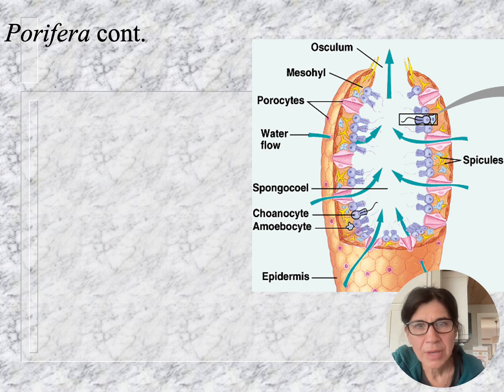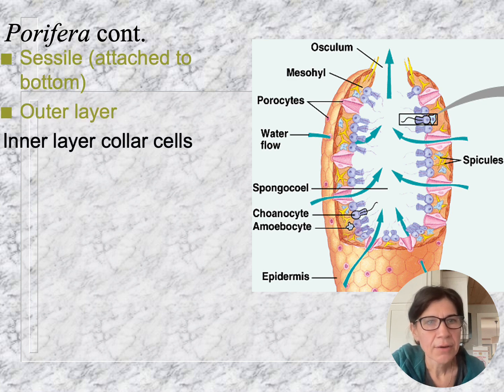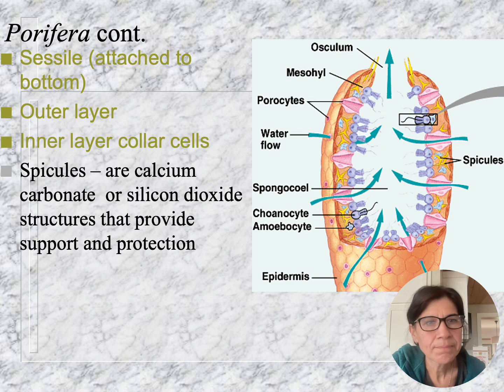They have two kind of layers of cells. There are some cells that are specialized. The outer layer of cells protects the inner part of the sponge. They also have these structures, and I have this here. They're sessile, meaning they don't move. They're attached. They have an outer layer. They have an inner layer of collar cells. These are the ones, right, that have these flagella on them.